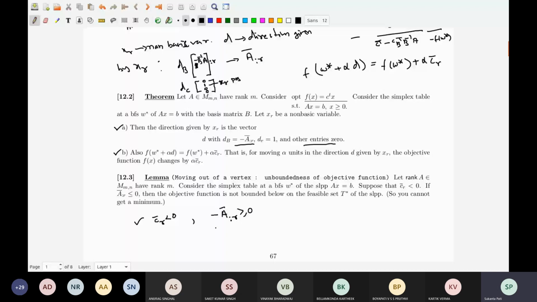Suppose this is also given. Then you would conclude that D is greater than or equal to 0.